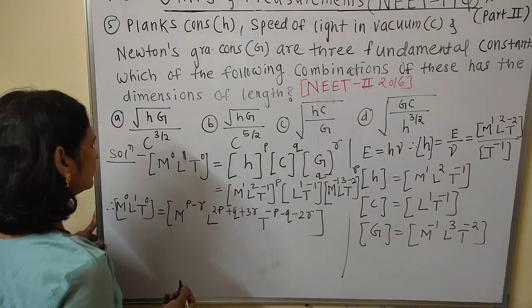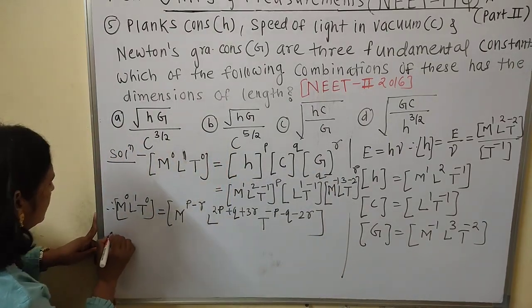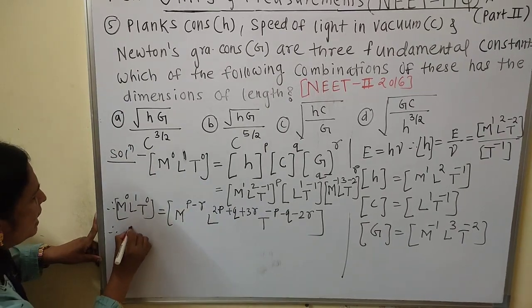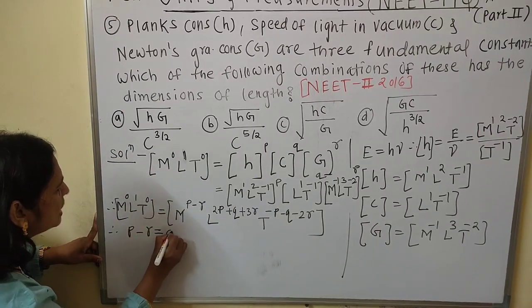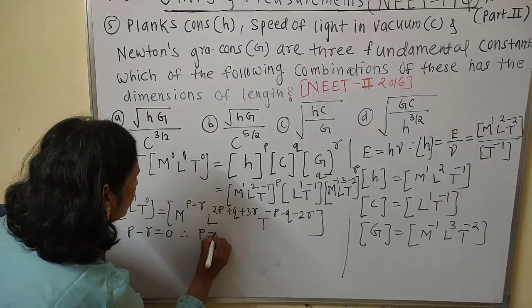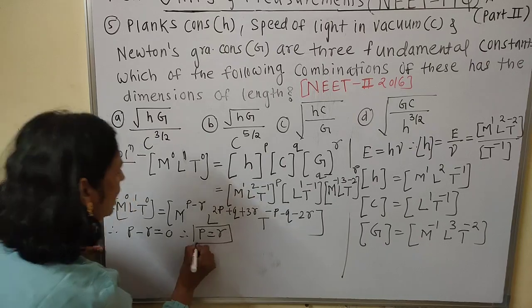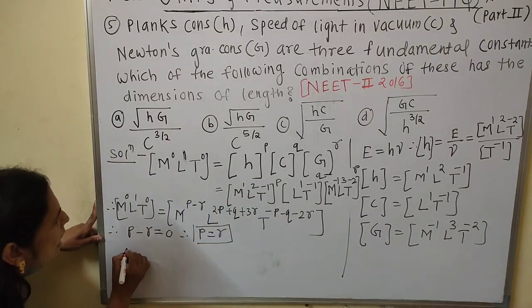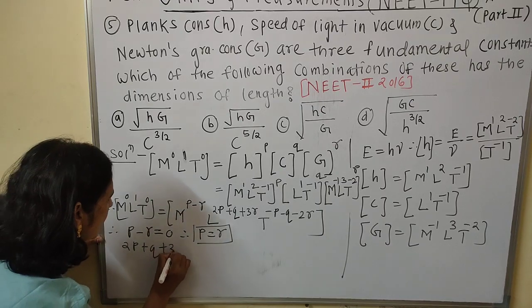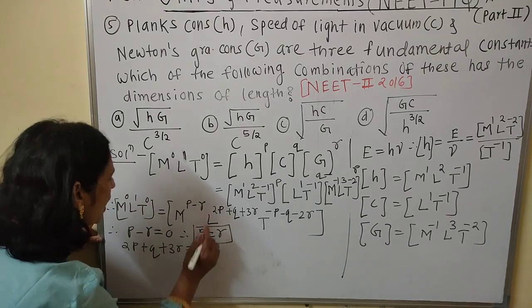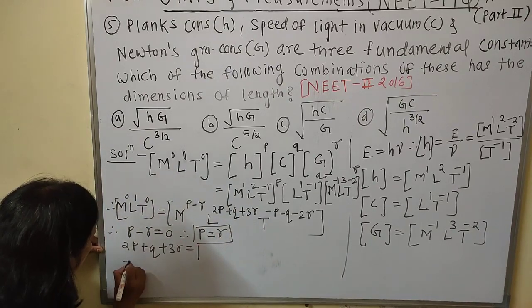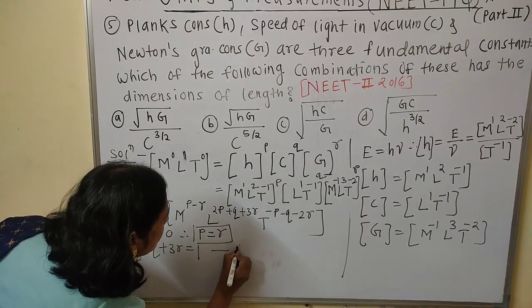Now write down three equations. p minus r equals 0, equating these, and therefore p is equal to r. Then 2p plus q plus 3r is equal to 1, because L^1 is there.